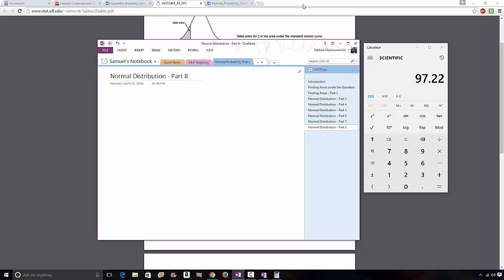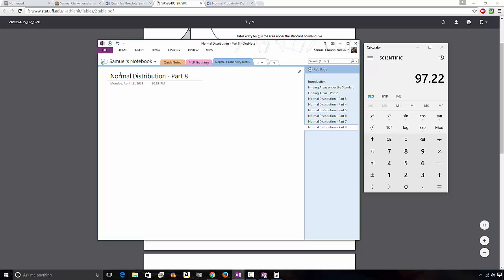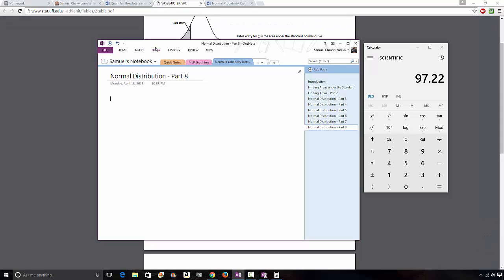Part 8. Okay, now the next question is: find the area under left of z to be -2 and the area under right of z to be 2.